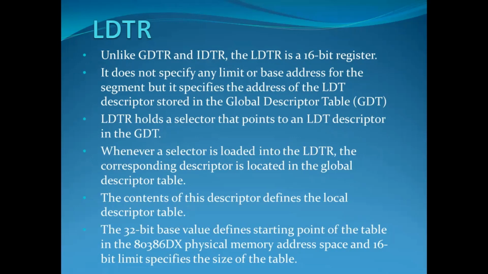The content of this descriptor defines the local descriptor table. The 32-bit base value defines the starting point of the table in the 80386DX physical memory address space and a 16-bit limit specifies the size of the table.